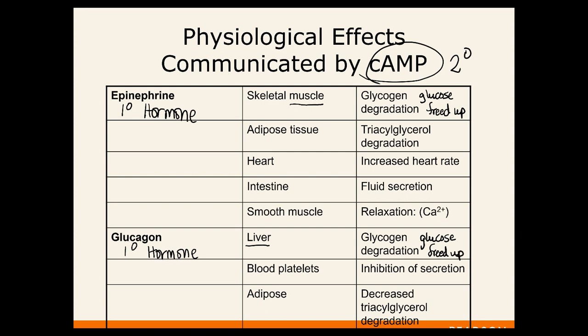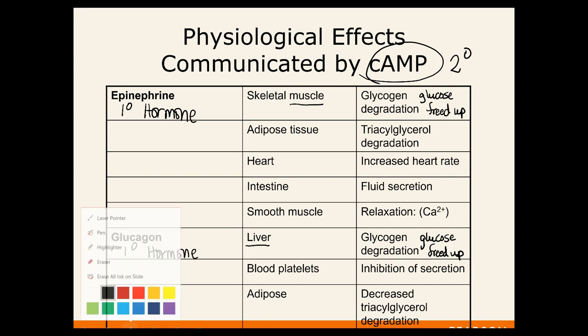Okay. Now, if you notice, other things can happen too. So epinephrine in fat cells will cause the formation of those triacylglycerols we practiced drawing. In the heart, increase heart rate and smooth muscle relaxation, calcium release. So there's other physiological effects. I only focused on two of them.